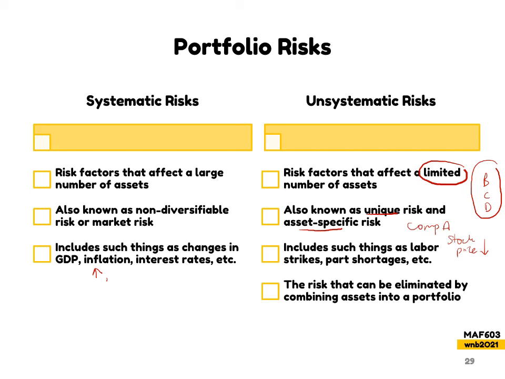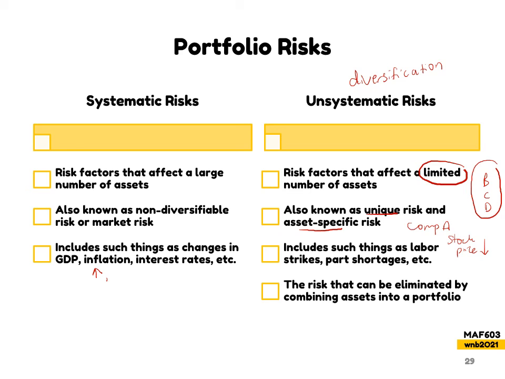So here are the examples of systematic and unsystematic risk. For unsystematic risk, how do we reduce it? We can reduce it by diversification. Do not just invest in one asset. Do not put all your eggs in one basket. You need to combine or invest in more than one asset.